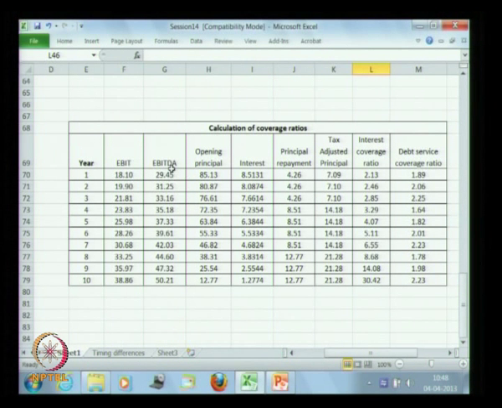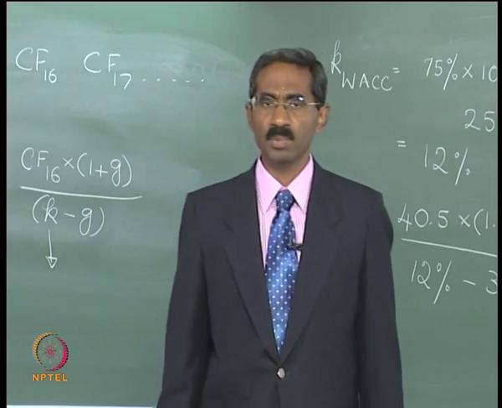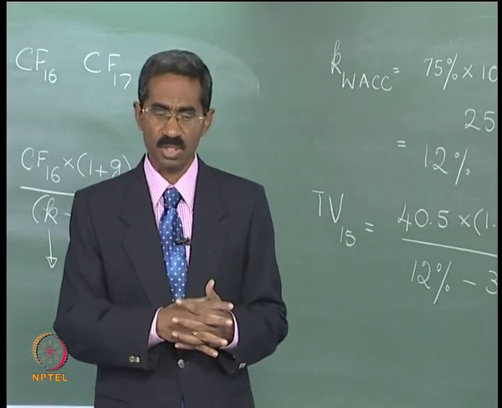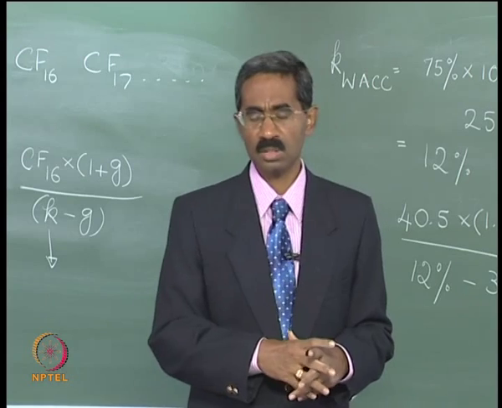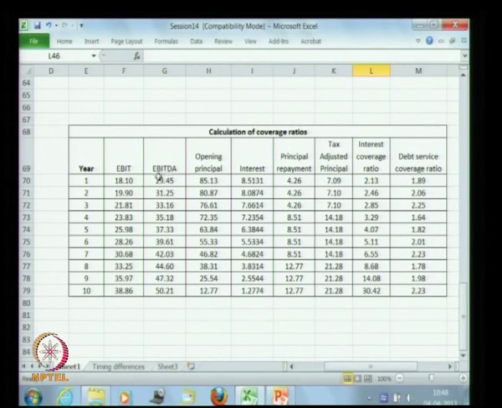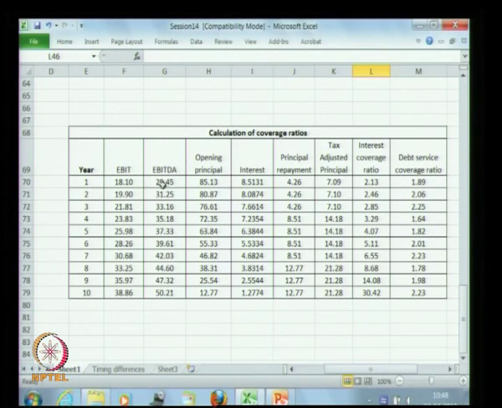And then you have EBITDA. EBITDA is nothing but EBIT plus your depreciation. We add back depreciation, so this is your earnings before interest and tax plus your depreciation.